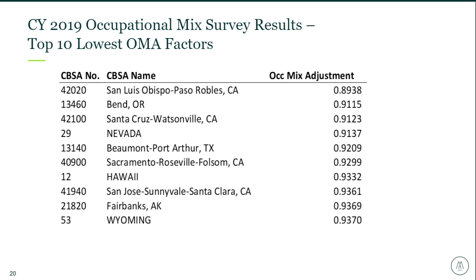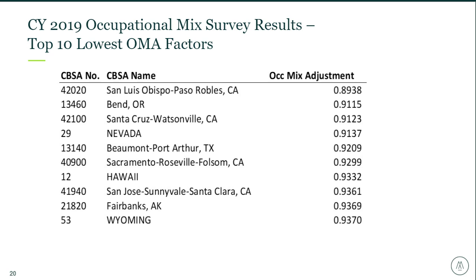There's a couple of hospitals on this list, such as rural Nevada and rural Wyoming, that receive certain Medicare payment protections given their status as frontier states. We expect the greater use of traveling nurses with high cost average hourly rates is driving the low OMA ratios for these two areas, but at the end of the day, their frontier state status protects them.